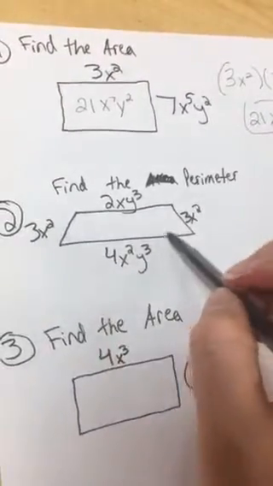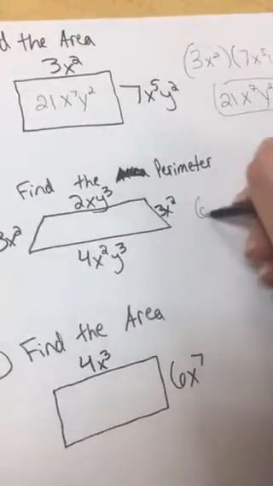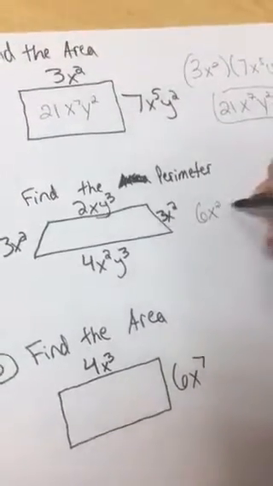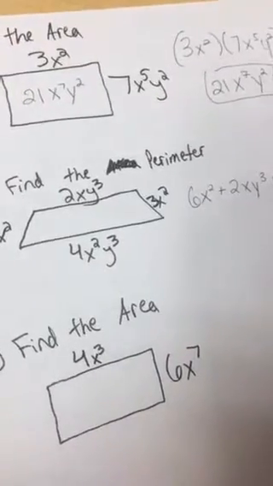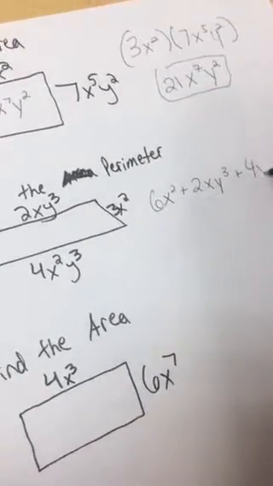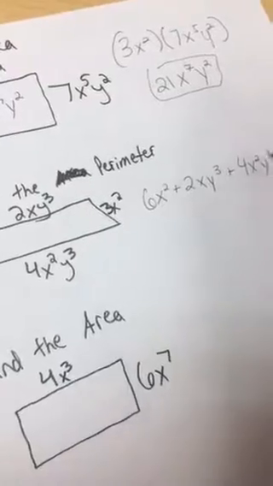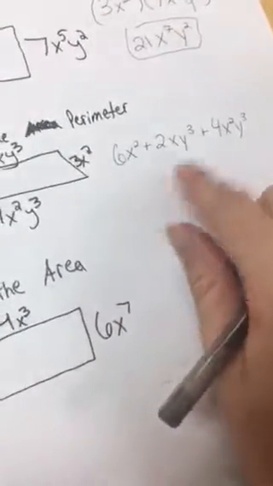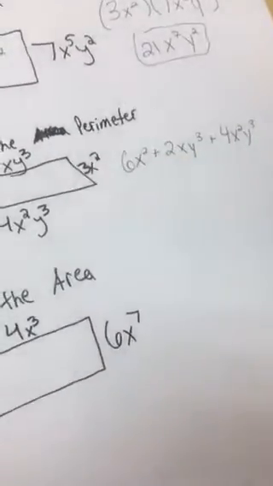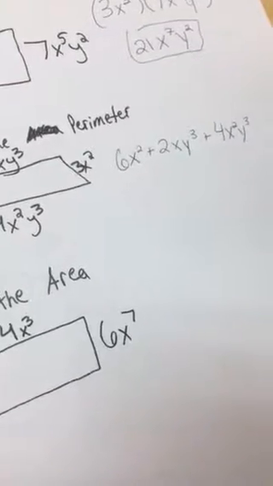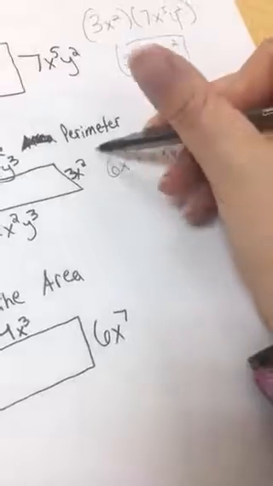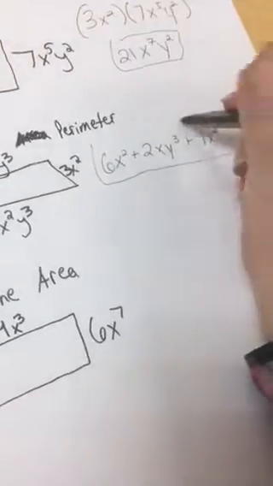So 3x squared plus 3x squared equals 6x squared plus 2xy to the 3rd plus 4x squared y to the 3rd. Now because these two aren't the same, we can't combine them. So the way to write the perimeter would be just like this.